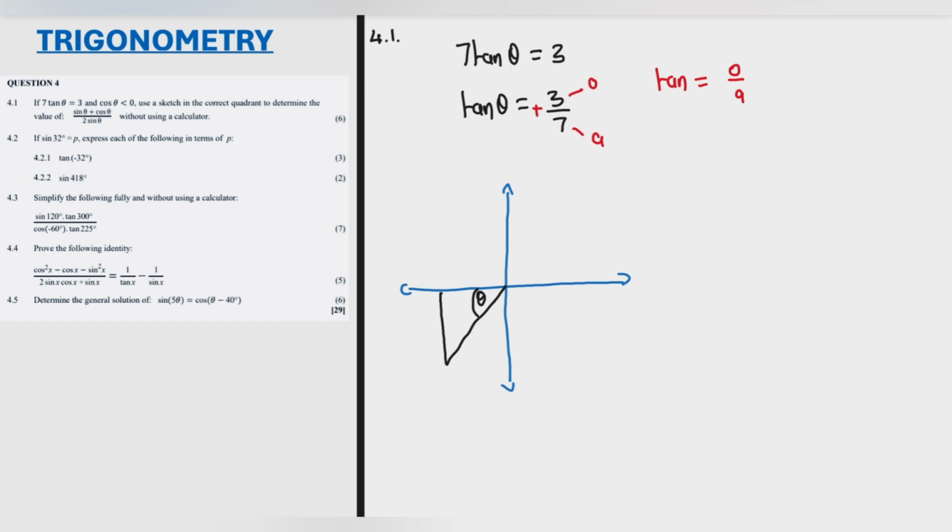And we have theta there. So they gave us to say that tan of theta is equal to 3 over 7. So 3 is our opposite. The opposite side of this angle, it is this. And the adjacent side, it is that.